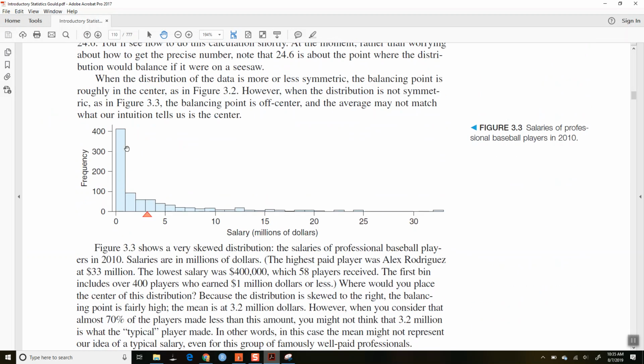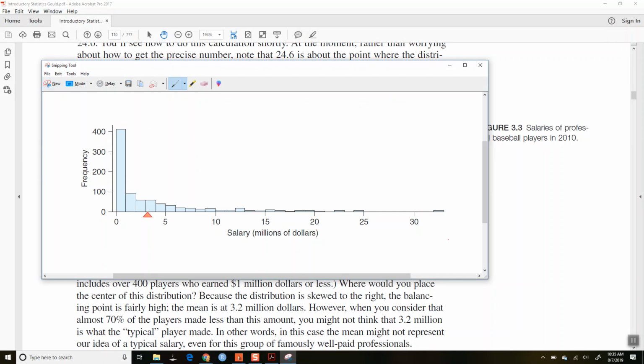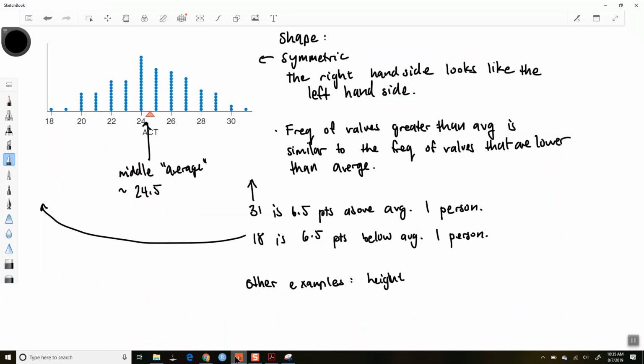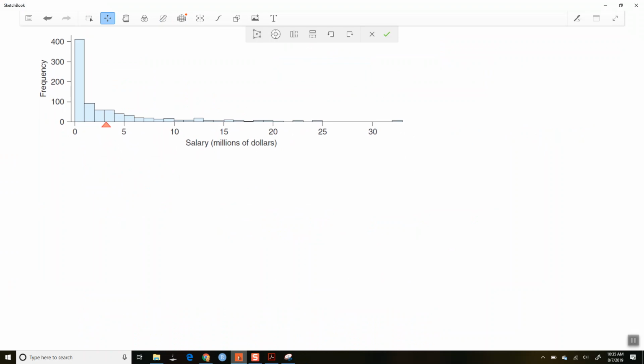Other things like this are not symmetric, okay? This diagram is clearly not symmetric.